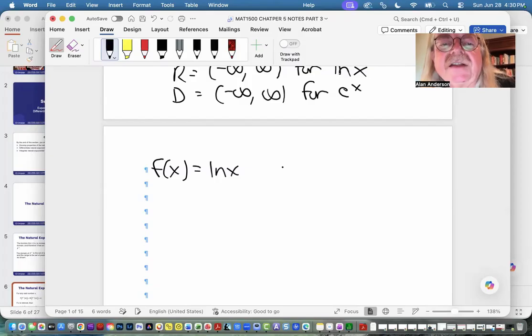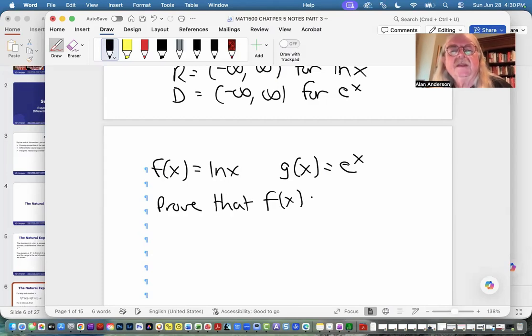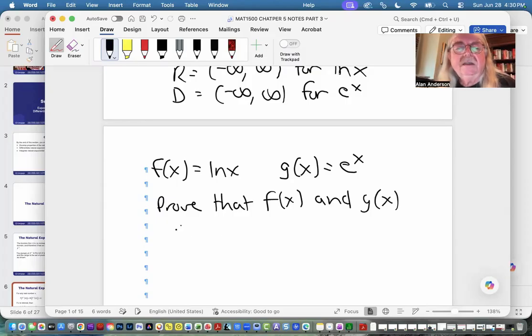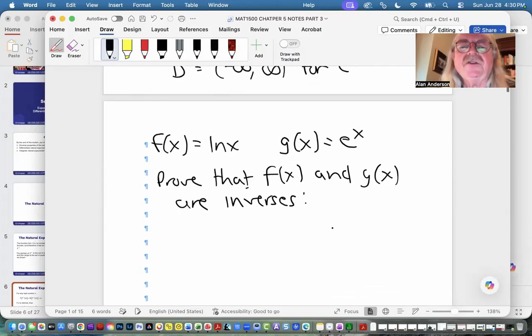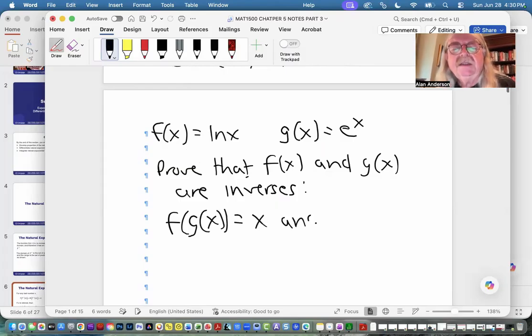Let's just say that f of x is log x, g of x is e to the x. We can prove that they're inverses with a technique that we've seen before. That means we have to show that f of g of x is x and g of f of x is also x.